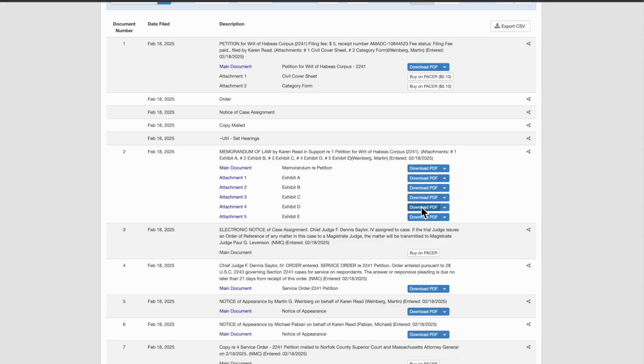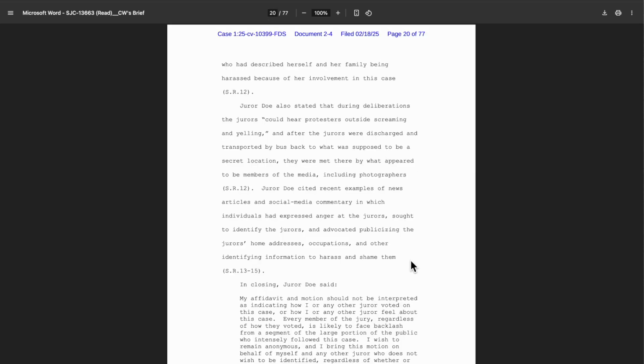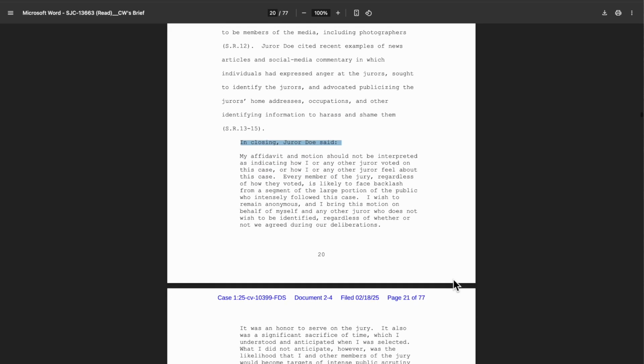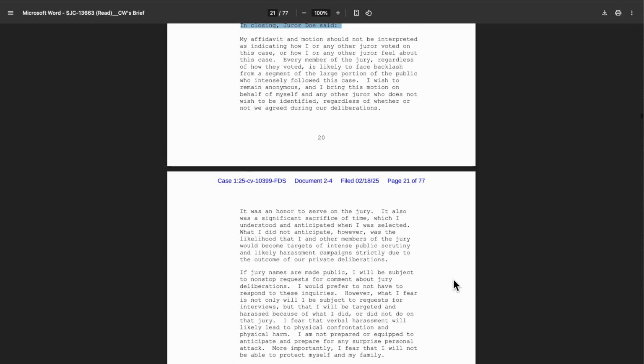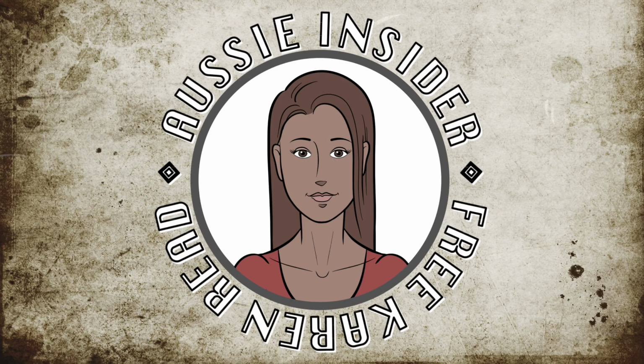I'll give you an example. In one of the attachments to the main document, i.e. the petition, the Commonwealth itself submitted its own brief to the SJC, and on around page 20 of that brief, they actually went into quite some detail about this jury foreperson's apparent bias.